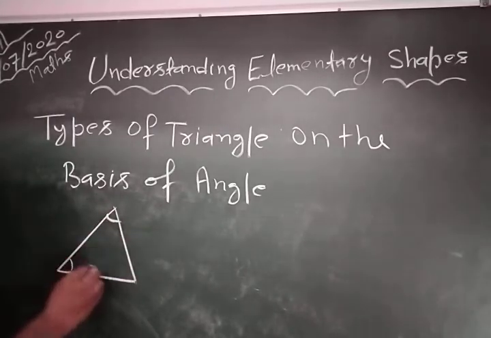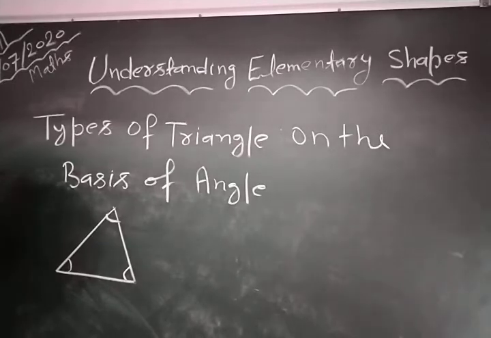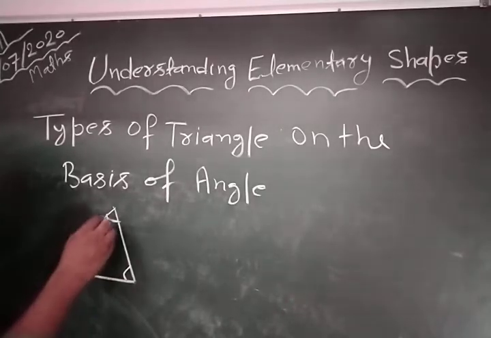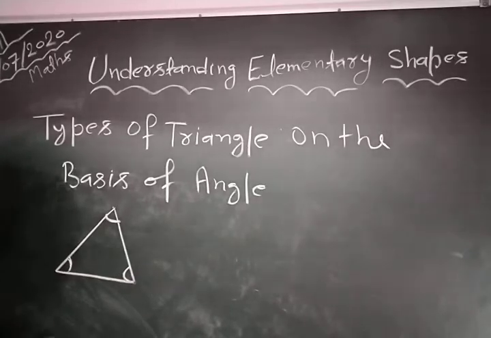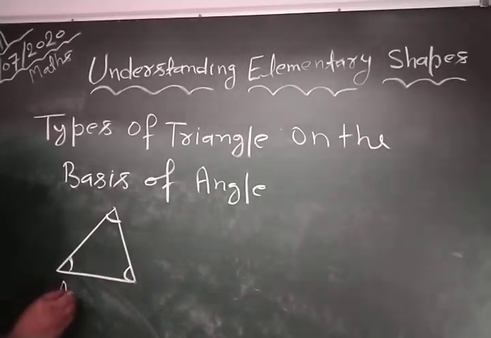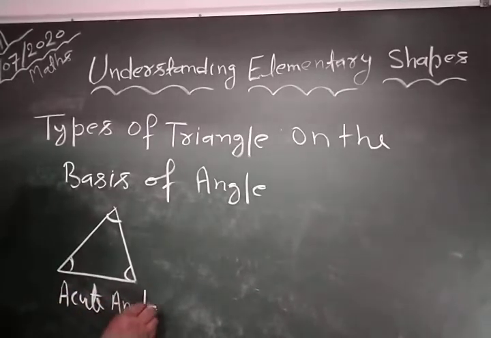A triangle with each angle acute. If all three angles of a triangle are acute angles, meaning less than 90 degrees, then you can say this is an acute angle triangle. In this figure you can see each angle is less than 90 degrees. So this is an acute angle triangle.